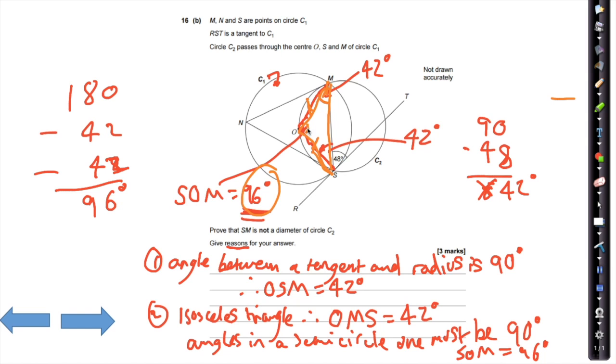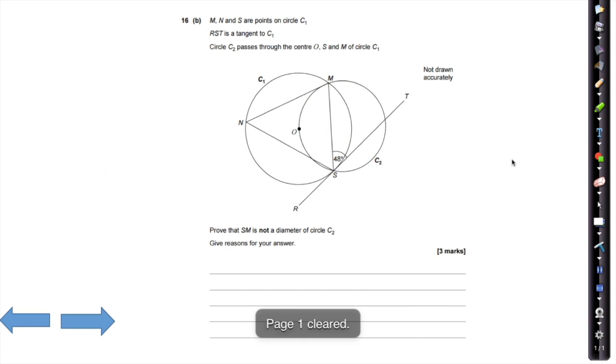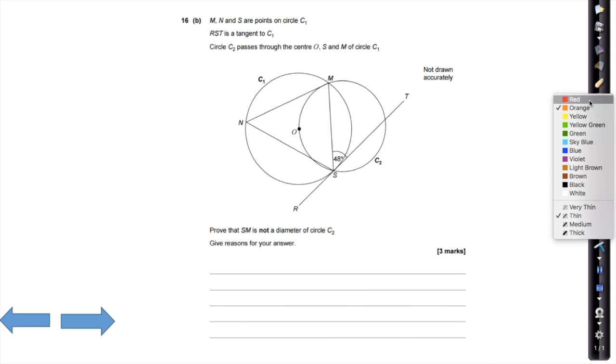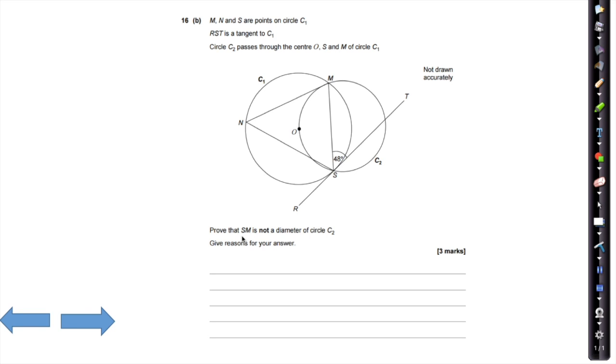Just for a little bit more clarity, let's remember what we've got here. Angle SOM is 96 degrees, right? The question says: prove that SM is not a diameter of circle C2. So here's C2.